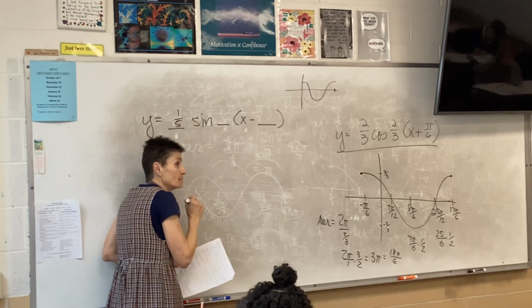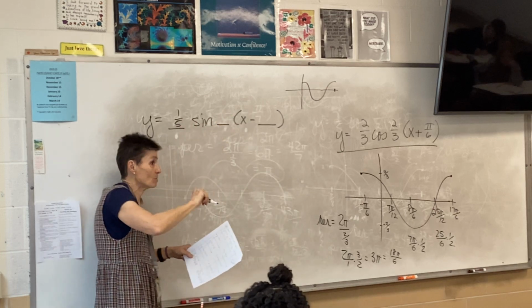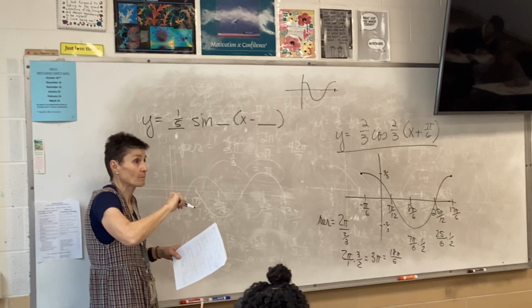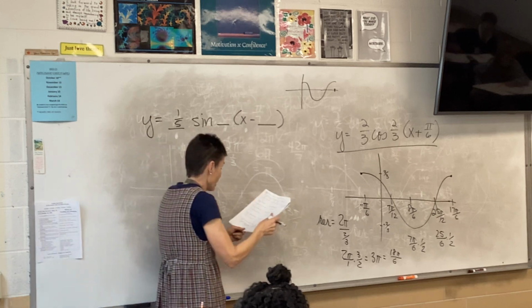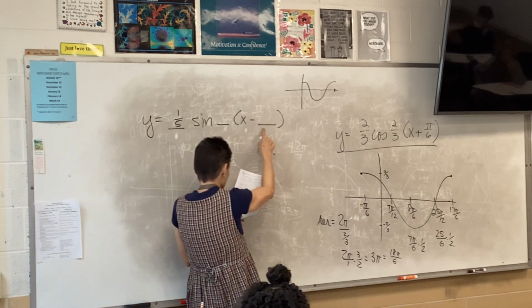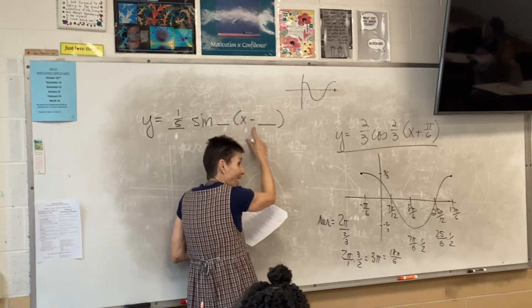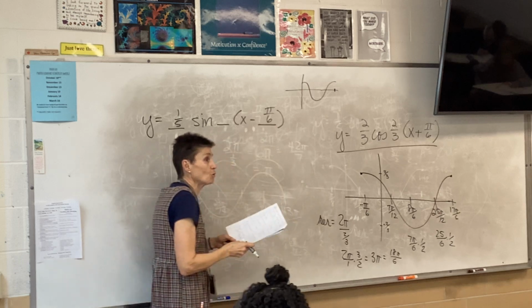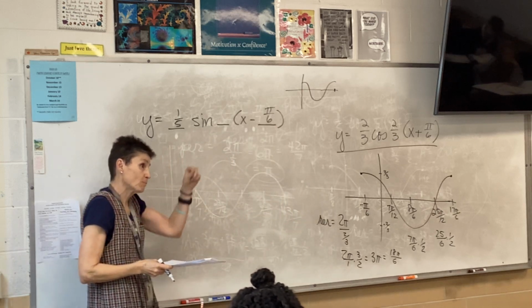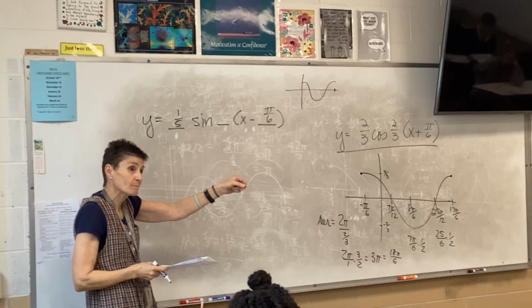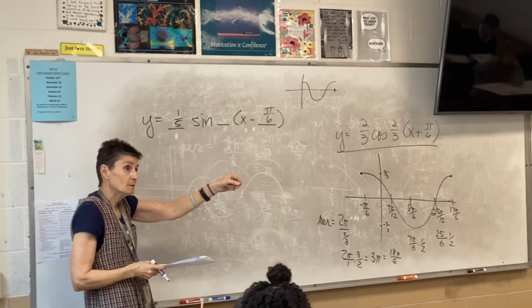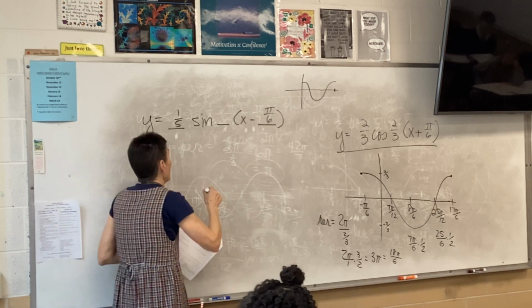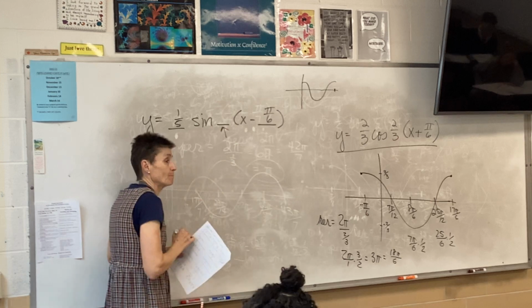How do we know that? Because that's how high and low the picture's going. We also know this number is going to be x minus pi over 6, because our picture has moved pi over 6 to the right. Now, the only thing we don't know is this number.